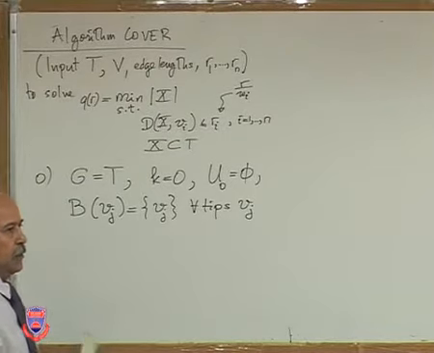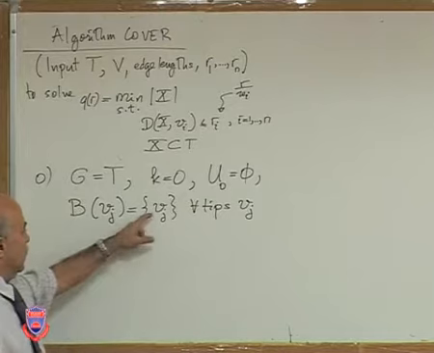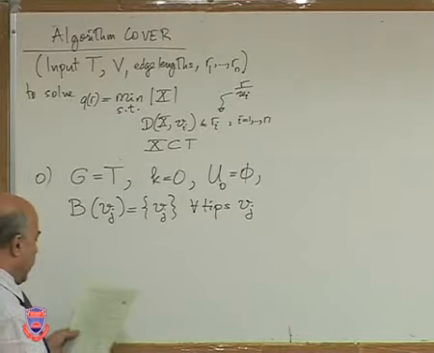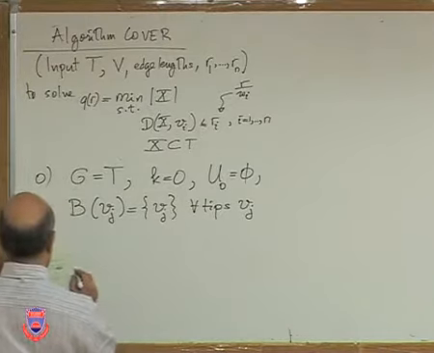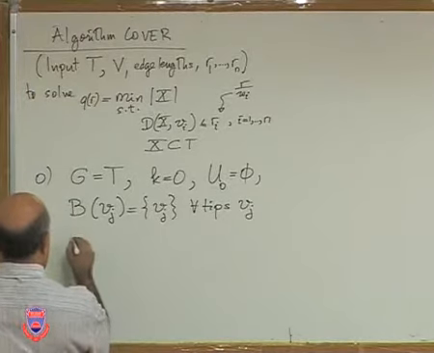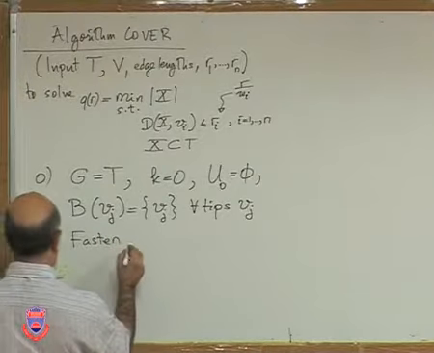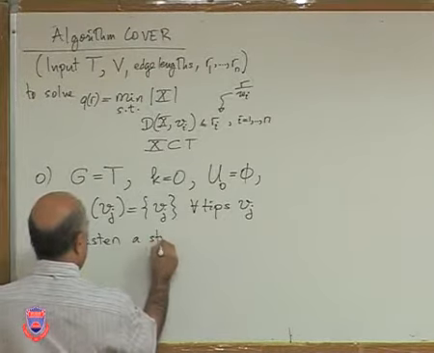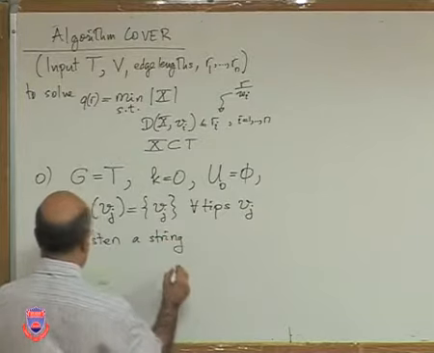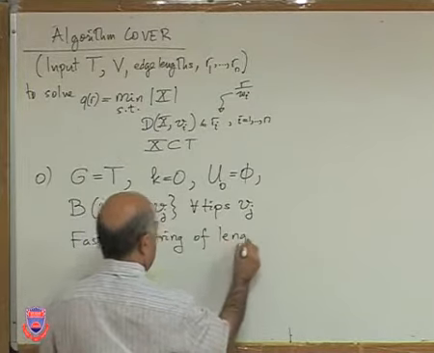Okay, so the brown trees are just really single points at the beginning. To initialize, we fasten a string of length Rj at each vertex Vj.